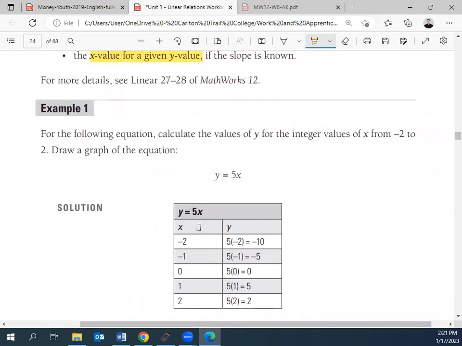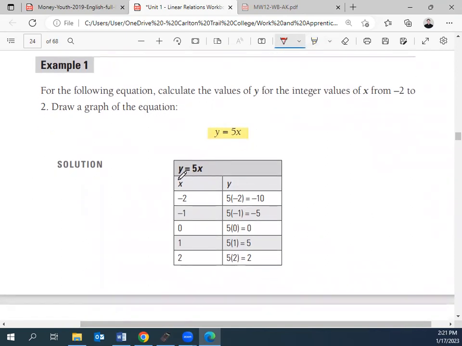So there's an example here where they took a formula, which is y equals 5x, which basically means we can take any y, we can take any x, and we have a slope of 5. So they make a table of values here, a t-chart, and all they did was pick random values. Let's say, for example, if I have this formula, what they did here was figure out, okay, what if your x is -2? All they did was substitute that in.